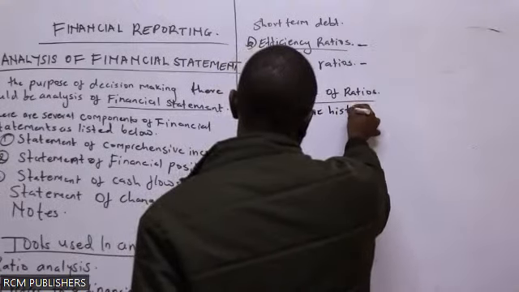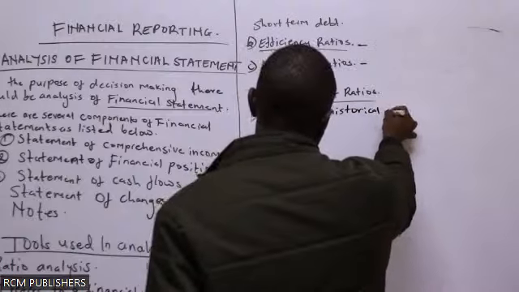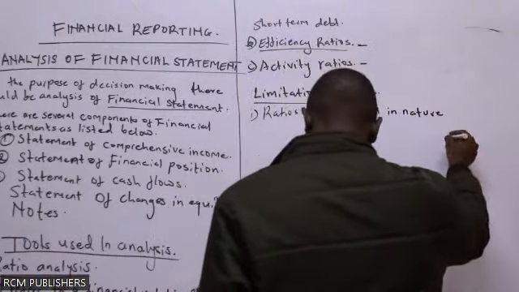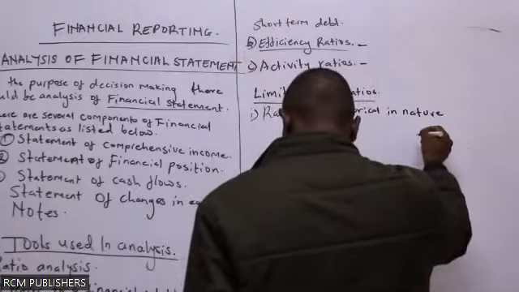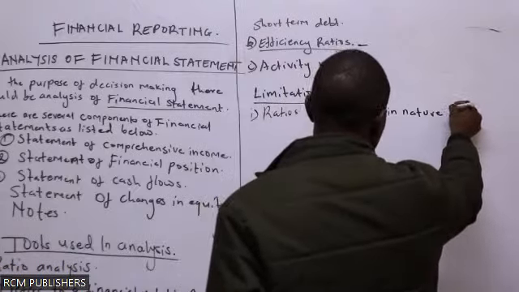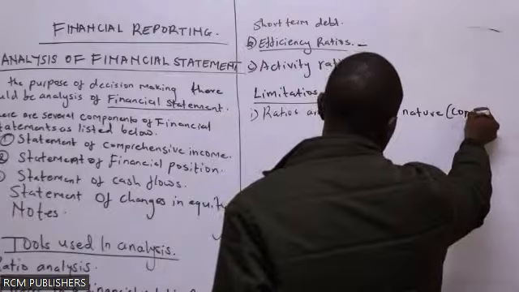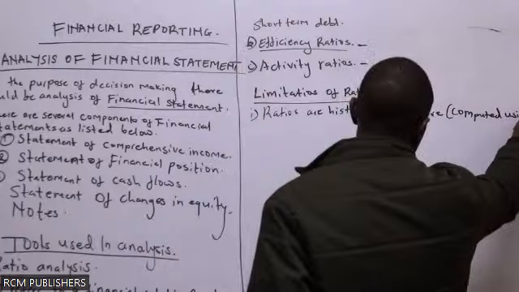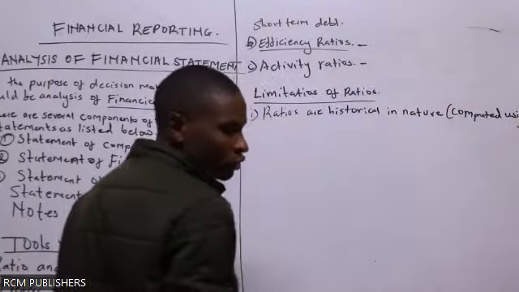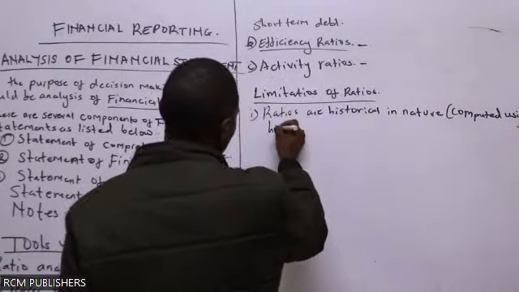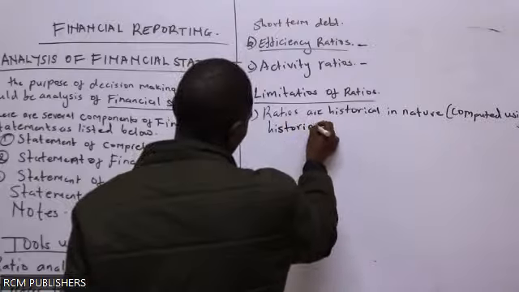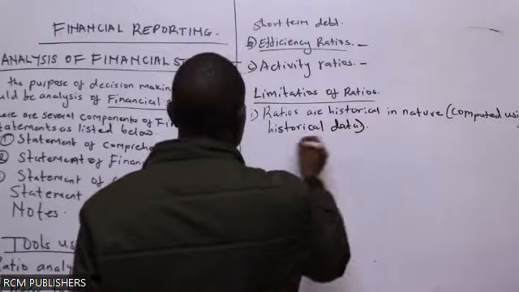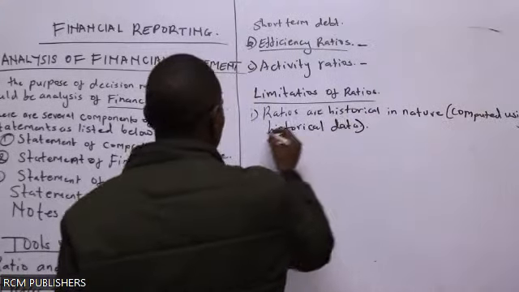They are computed using historical data. I'll show you all this. How do we compute the ratios? I'll show you, using the historical data.